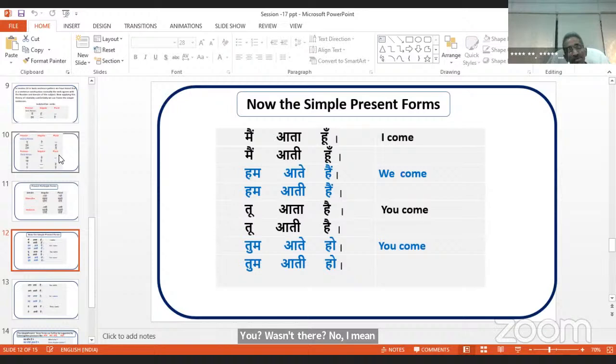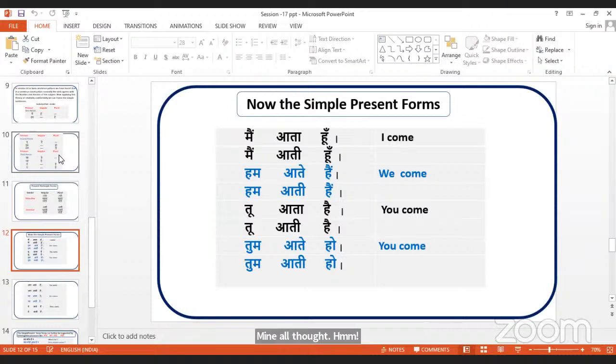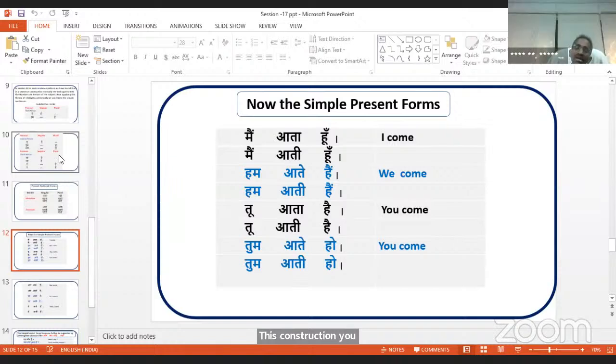We have heard that the verb always agrees with the number and gender of the subject. Here the subject is main, and whenever main comes, the verb will always have hoon. So that part is clear.